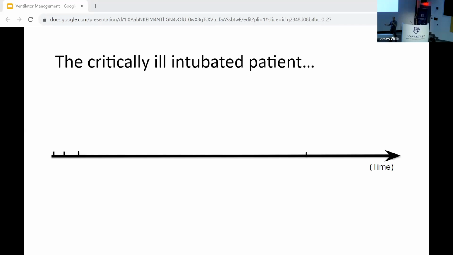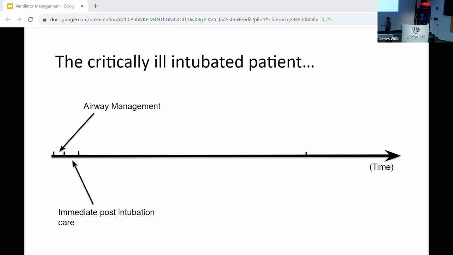This is the time frame of a critically ill patient that's intubated. And we spend a lot of time talking about airway management and all the details that go into getting that airway as safely as possible. And we pivot immediately to immediate post-intubation care and all the things that we do in that aftermath, 30 minutes, 45 minutes.